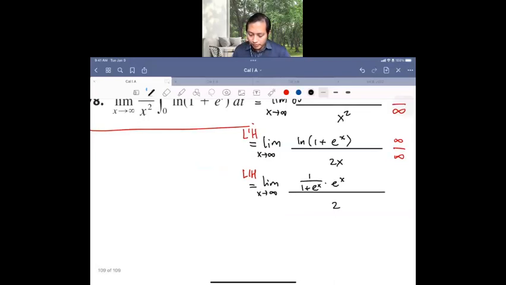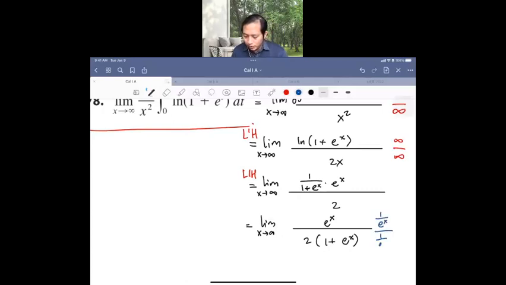We can simplify the equation first. And now I think we can divide by e to the x.